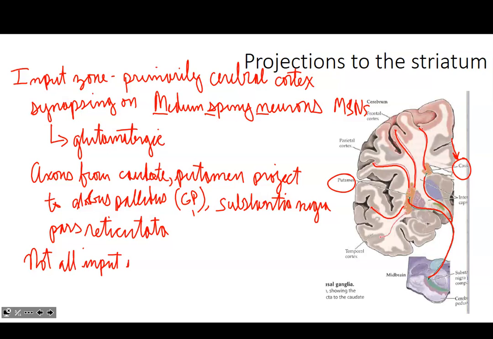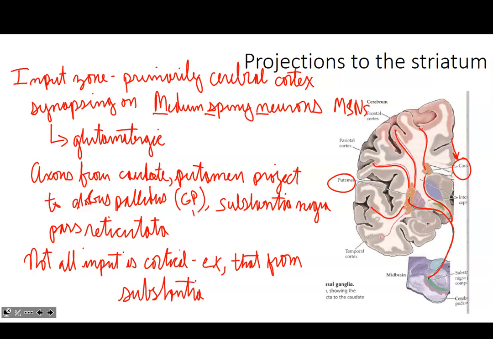Not all input is cortical, for example, the substantia nigra pars compacta.